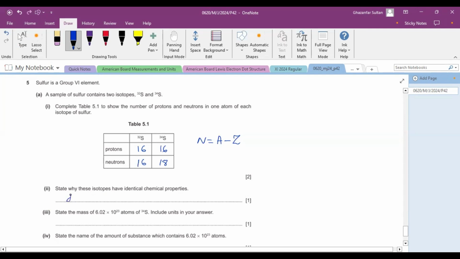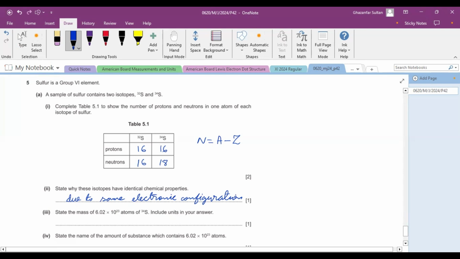So it is due to the same electronic configuration and electronic structure as well.